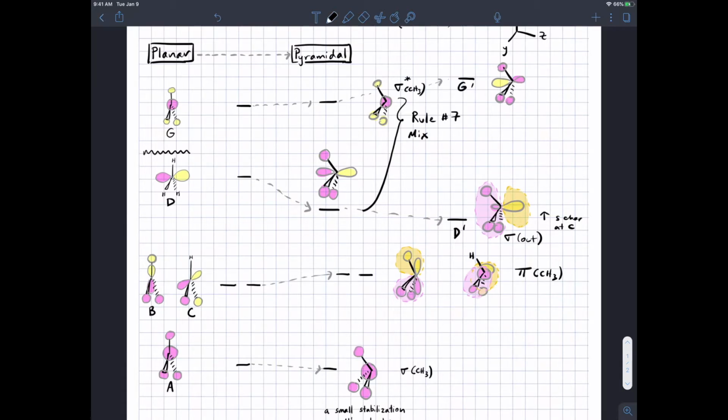So this is the idea of the rule. Right. The question is the idea that D gets more S character and moves down in energy, whereas G gets more P character and moves up in energy. Yes, when you mix them together, they split apart even further. Yeah, good. Other questions?